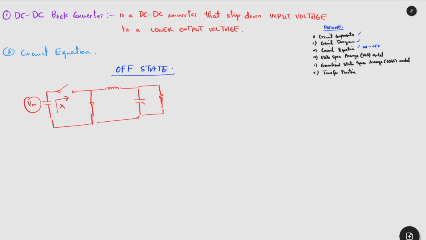So now all the stored energy from the capacitor will flow through this particular circuit. So the current passing through the inductor will be the current that is stored inside the capacitor, and the output V0 will be from the current that is stored inside the capacitor. So we now have a closed circuit which has the energy supplied by the capacitor.